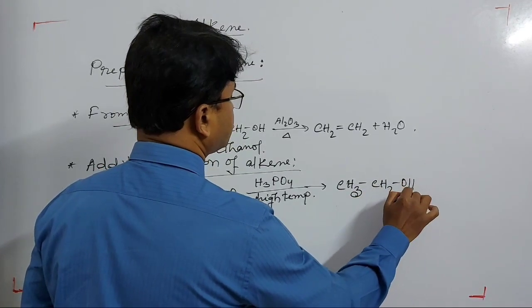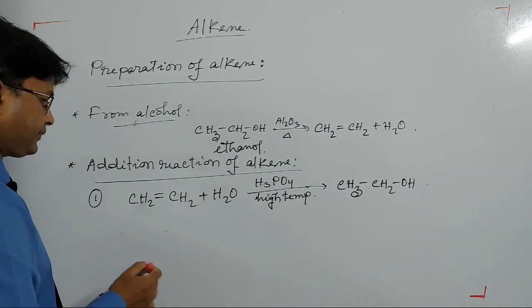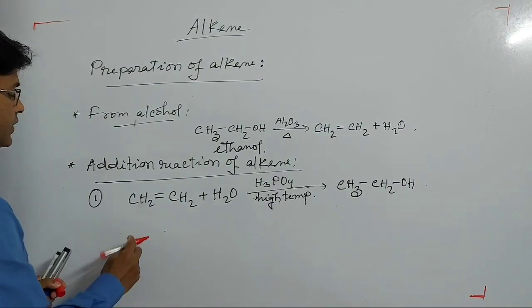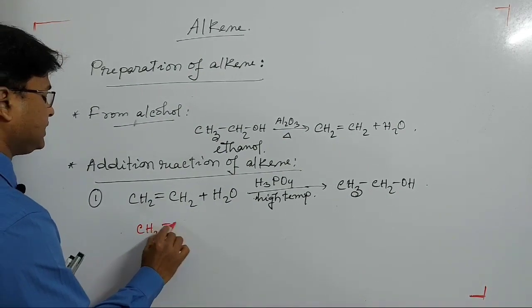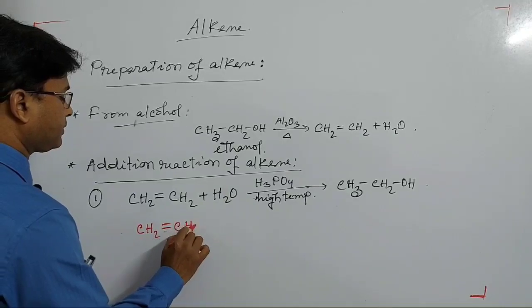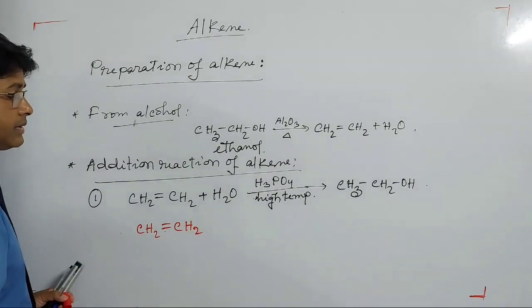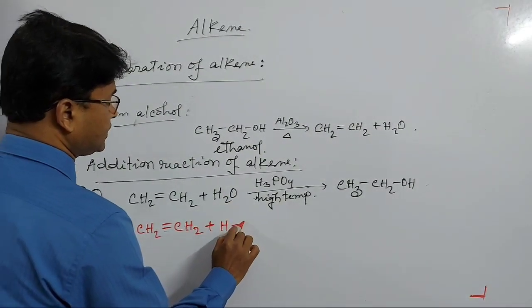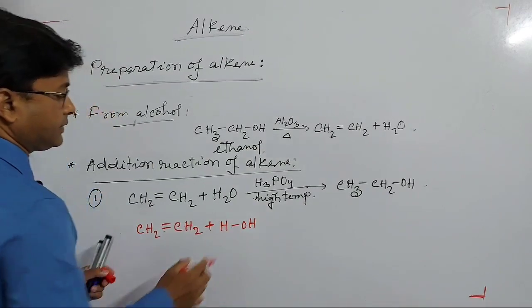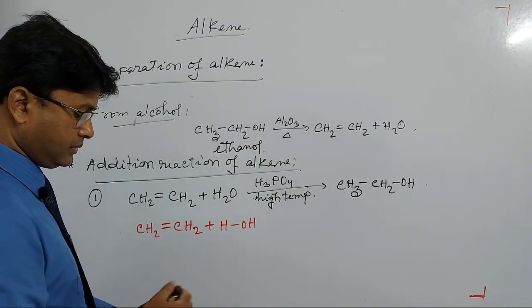Dear students, I would like to show this reaction again as structural formula. This is an alkene. It contains carbon-carbon double bond, and the other reactant is actually water. I have written water as partial structural formula.